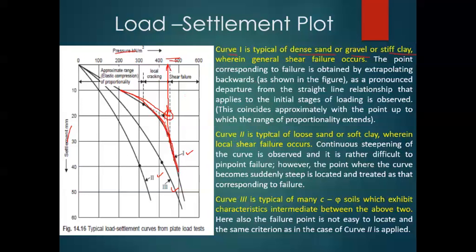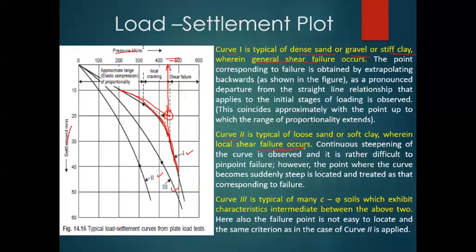But curve 2 is for loose sand or soft clay, wherein local shear failure occurs. In the first, general shear failure occurs, and in the second, local shear failure occurs, in loose sand and soft clay.